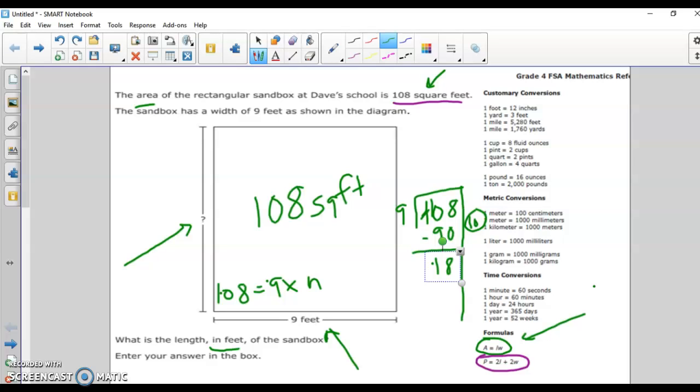And I know 9 times 2 is going to be equal to 18, so I'm going to make a 2 over here. Take away my 18, be left with nothing. And adding up our partial quotients, 10 plus 2 is going to be equal to 12. 12 is going to be 12 feet, our length of the sandbox.